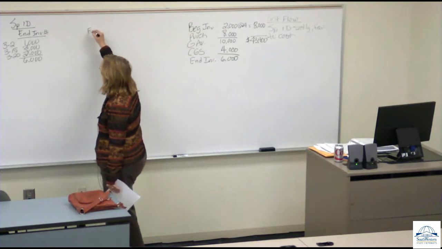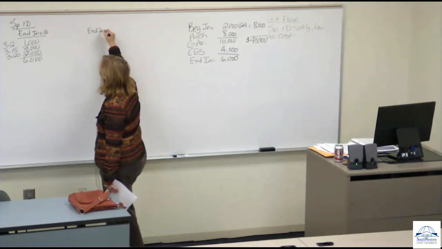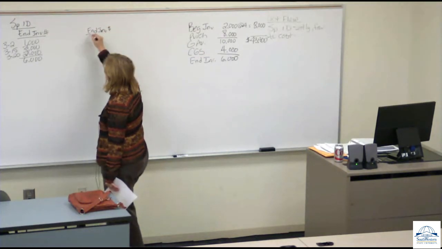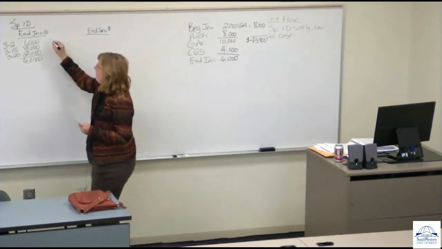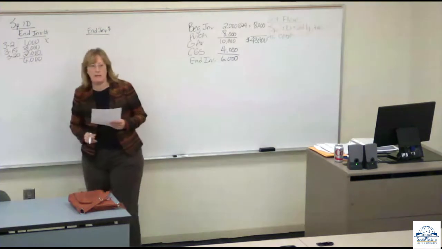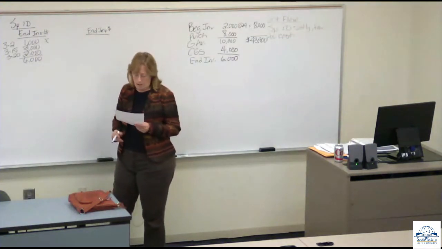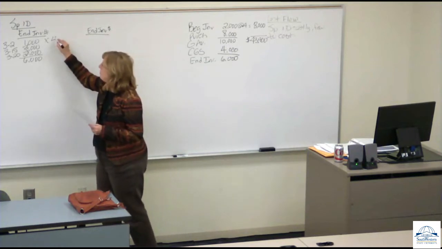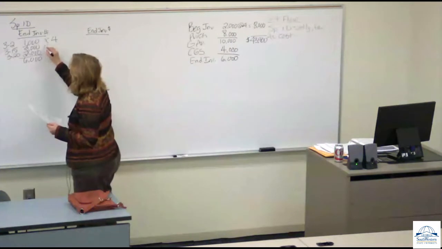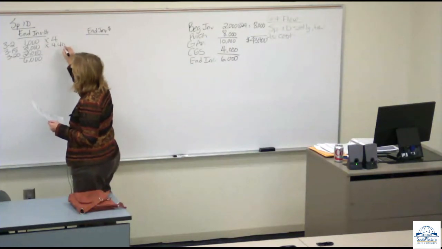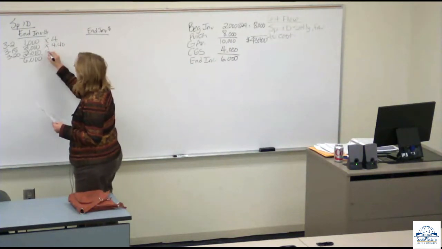We want to come up with our ending inventory in dollars. So how do we do that? We multiply this times their respective cost, right? On March 2nd, those were at $4 a piece. On the 15th, they were at $4.40, and they were at $4.75 here.